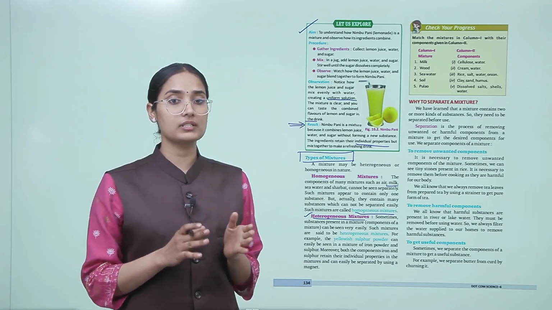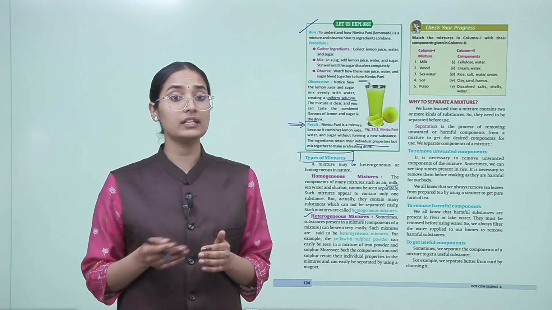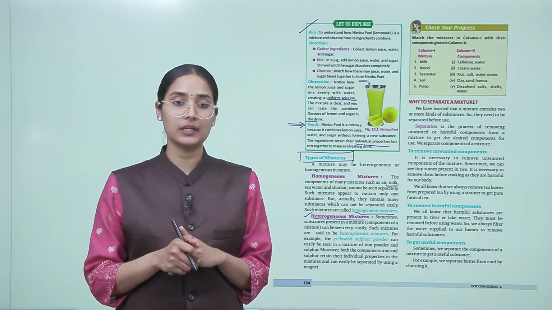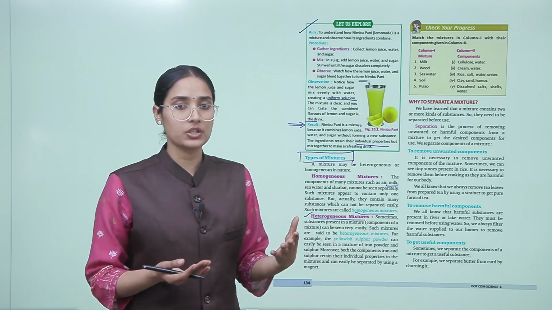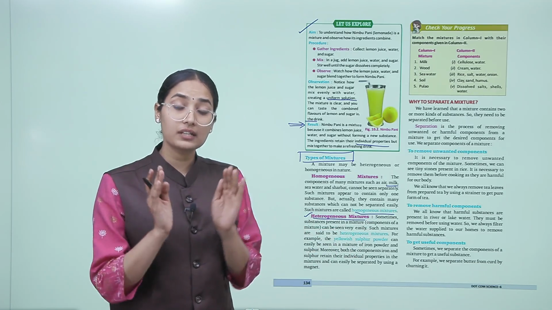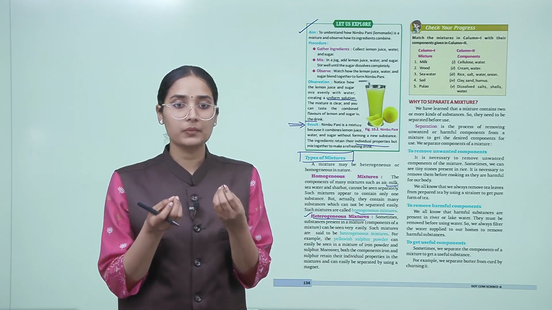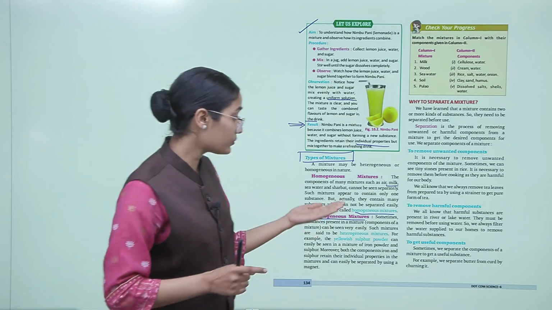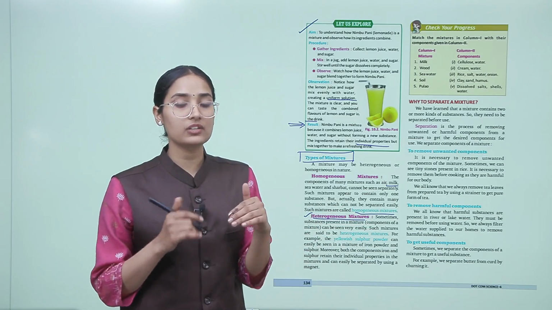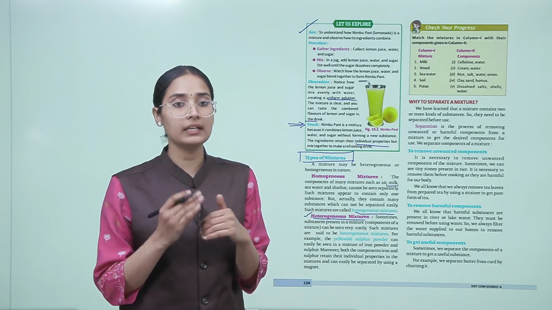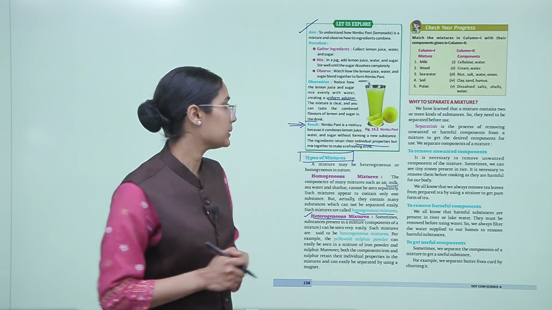Moreover, both the components, iron and sulfur, retain their individual properties in the mixture and can easily be separated by using a magnet. So see, even if they are mixed together to form a mixture, they are retaining their properties, right? But in the case of a heterogeneous mixture, they are not blending together, right? They can be seen differently very easily.